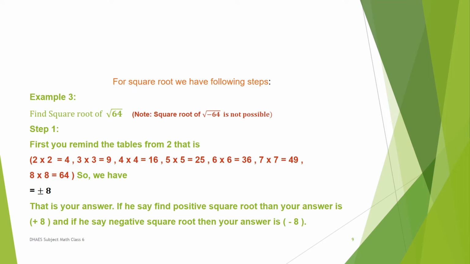We write plus minus 8 because there is no mention of whether you have to find the positive square root or the negative square root, so we write both plus and minus with the answer, that is 8. If it says to find the positive square root, then we write only plus 8. But if it says to find the negative square root, then we write minus 8.